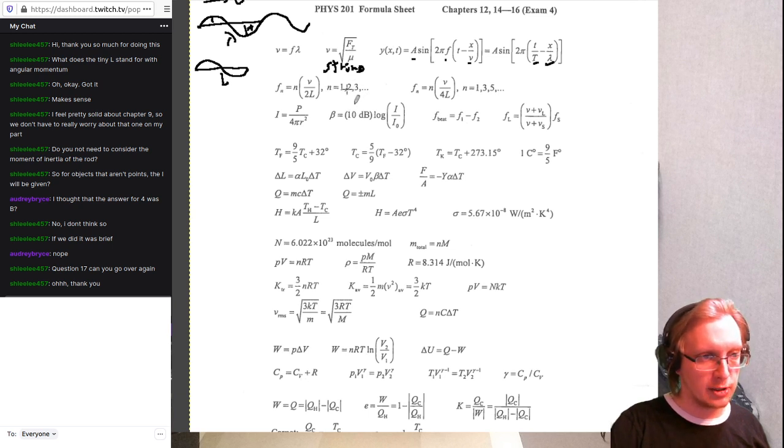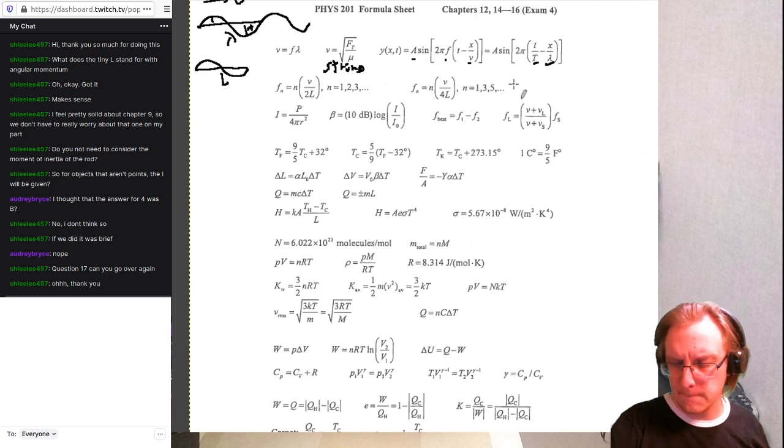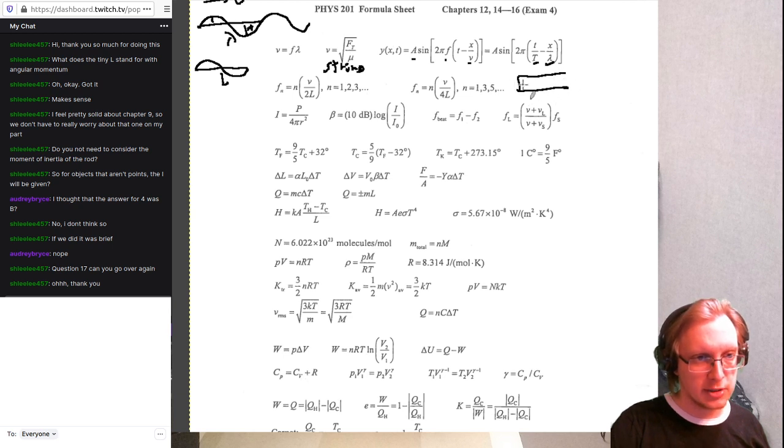It can be any integer above 1. If, on the other hand, this one is for the particular case where you have a standing wave in a pipe where one end is open and the other end is closed. This is the equation that applies for standing waves in a pipe. This will also apply for standing waves in a pipe with both ends closed, which is similar to the string, or with both ends open.